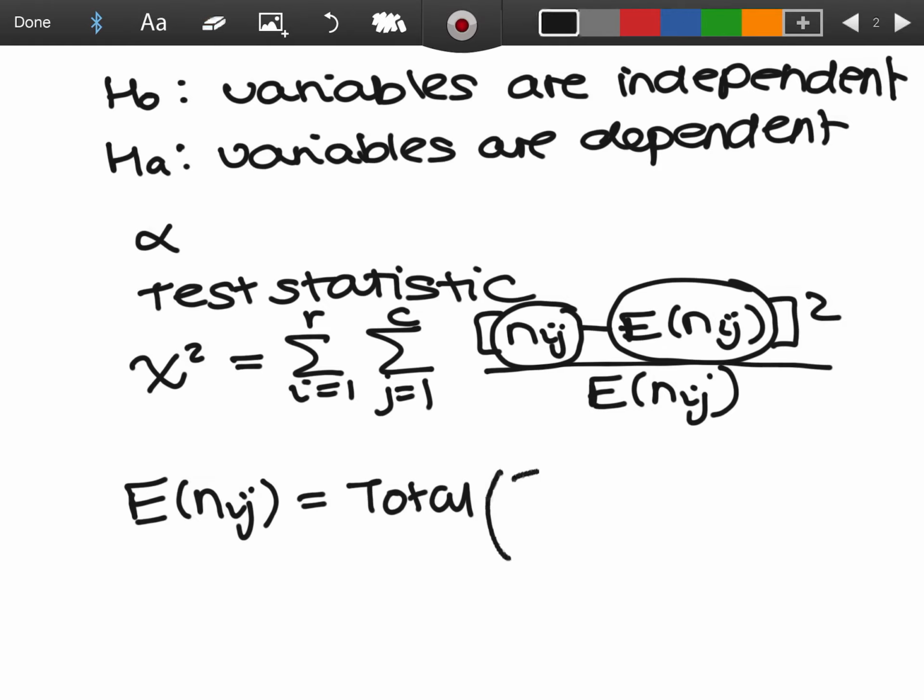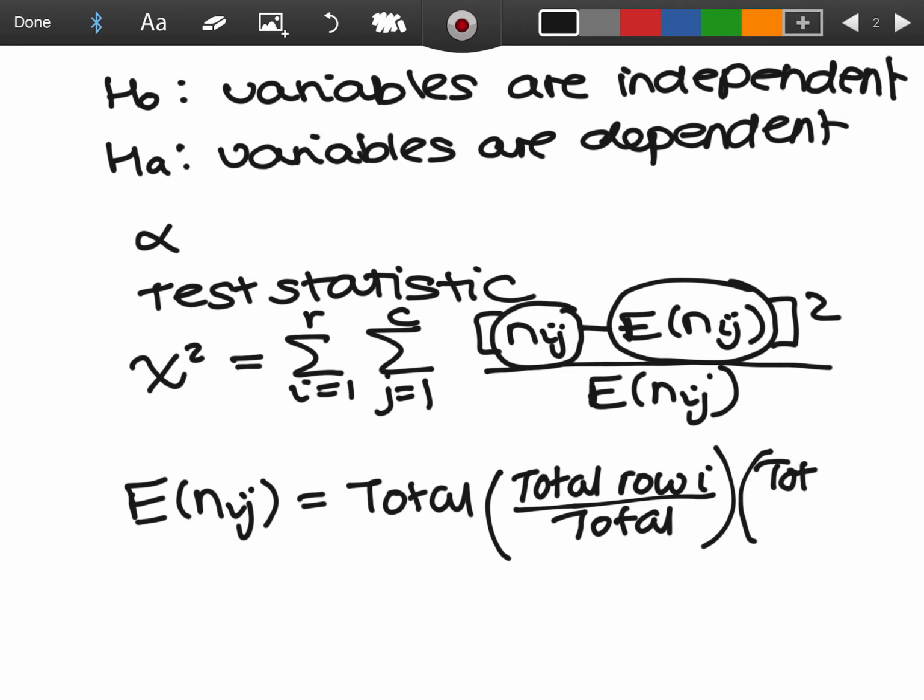So total is the overall total number of people, okay? Then it would be the total number in row i divided by the absolute total times the total in column j divided by the whole total.